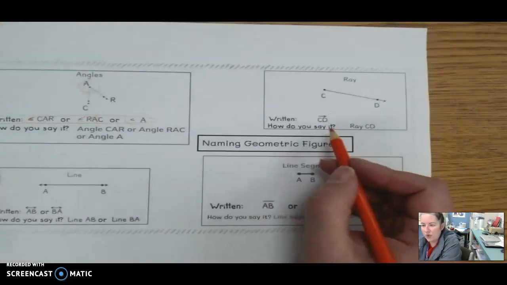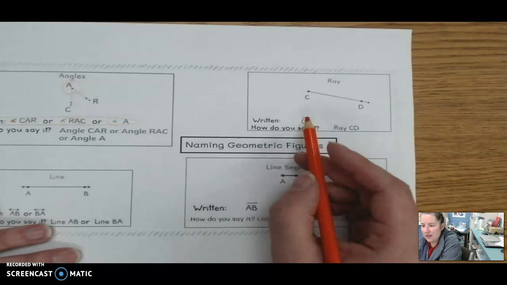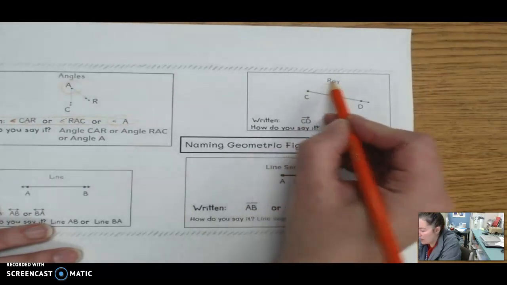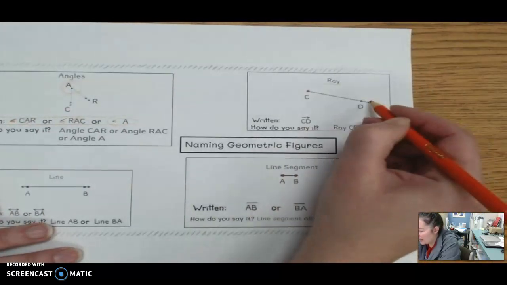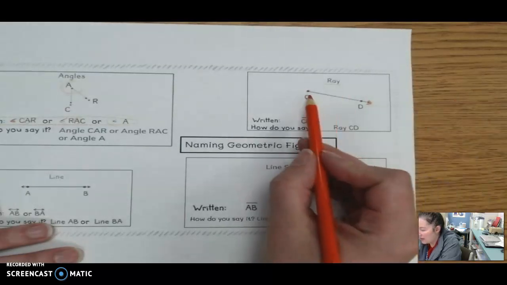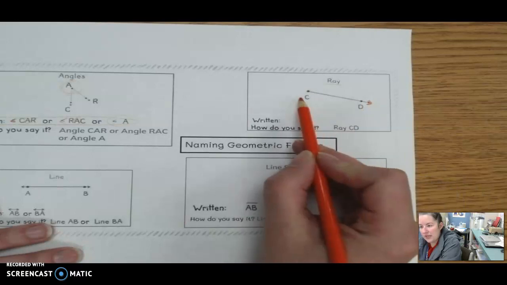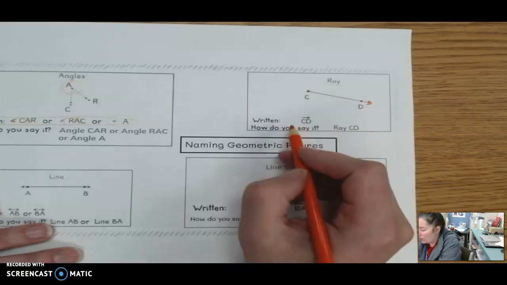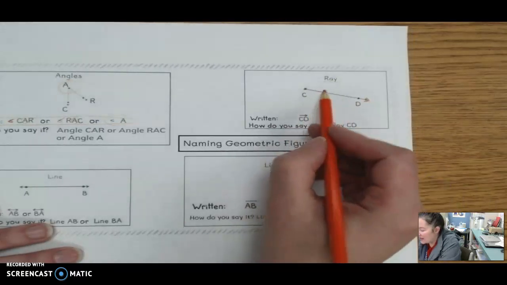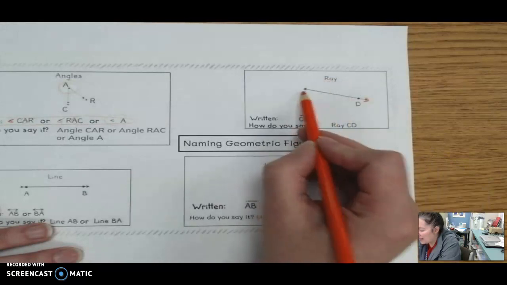This is how you would write or say a ray. Remember, a ray has a point at one end and an arrow on the other end, so it keeps going. And it has two points on it. So you would say, hey, this is ray CD.